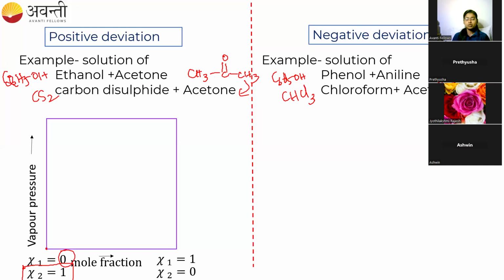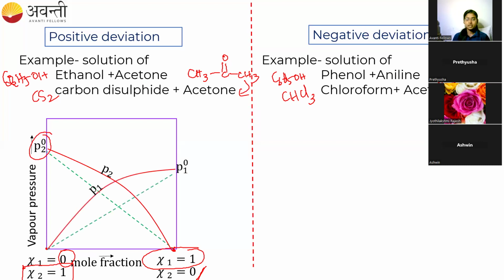So we do not have component 1 at that point. That line corresponds to only the pure component 2, so it is P2 naught. Then when you come to this point, here we have only component 1 and component 2 is 0. So at this point I have the pure component 1.